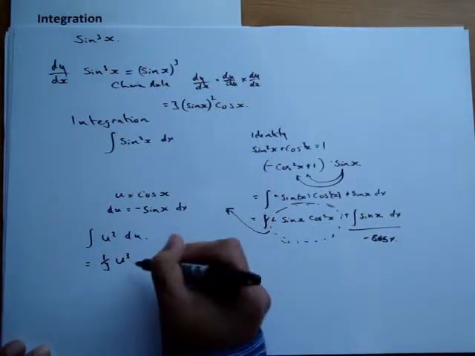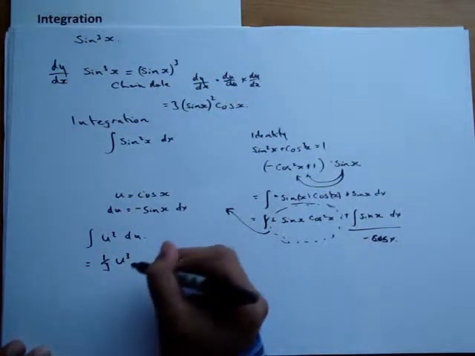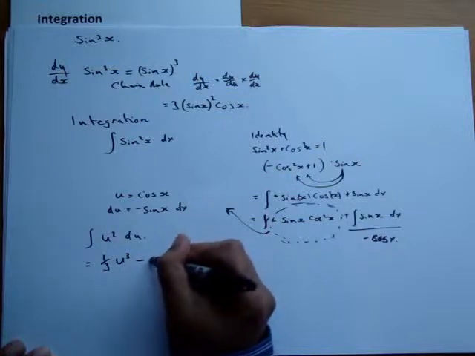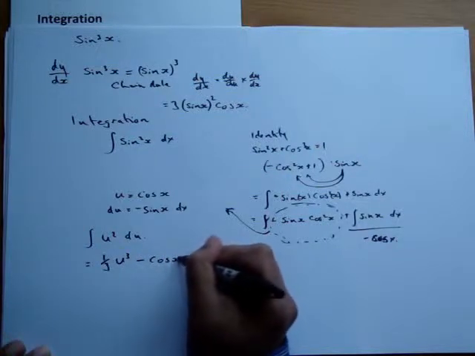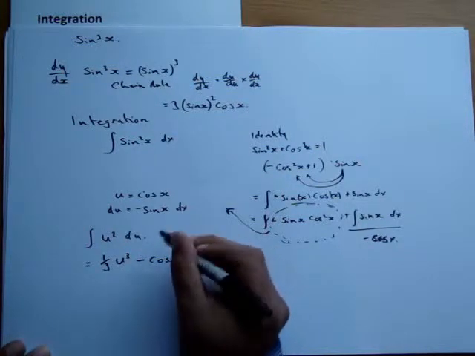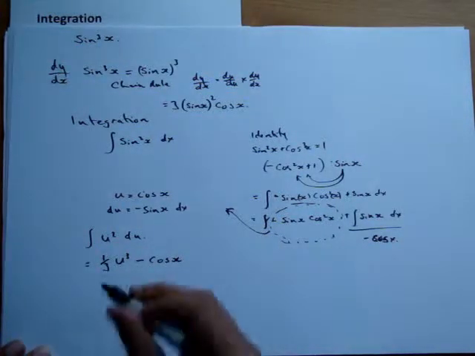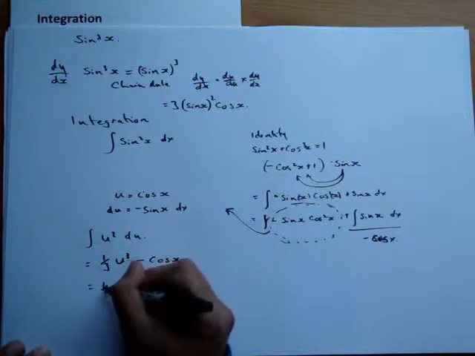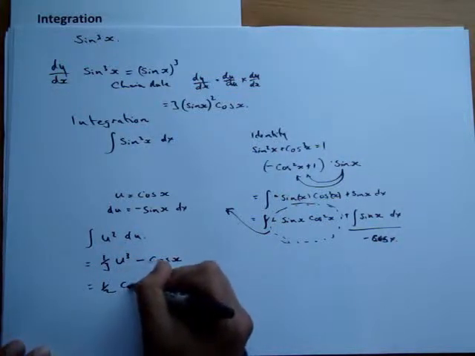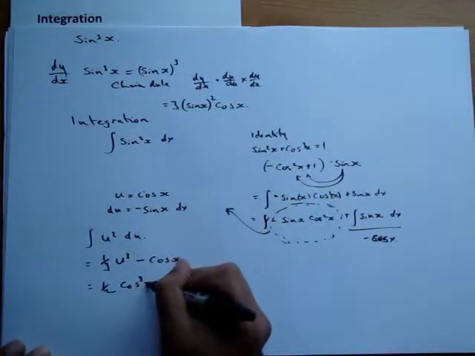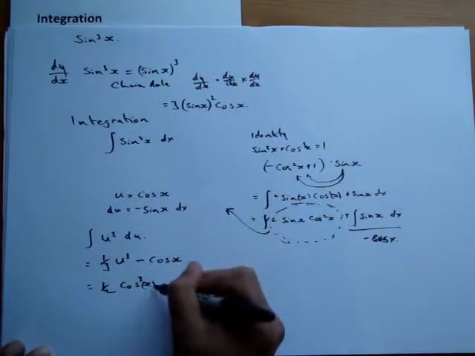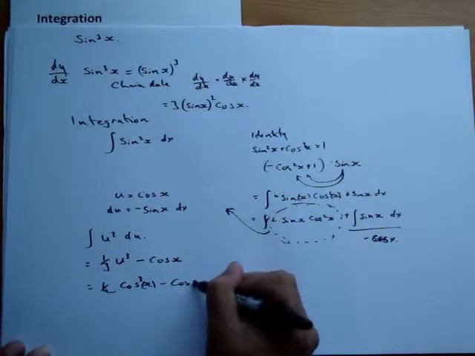So 1/3 u to the power 3 minus cos x. Then when we replace the u, we get 1/3 cos cubed x minus cos x.